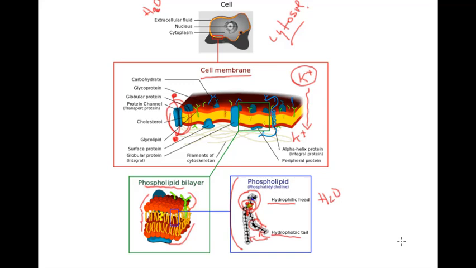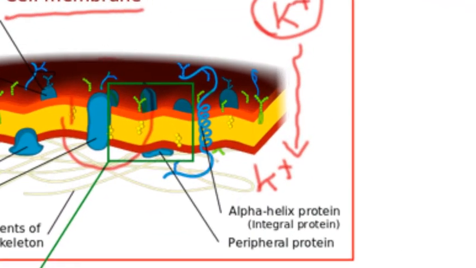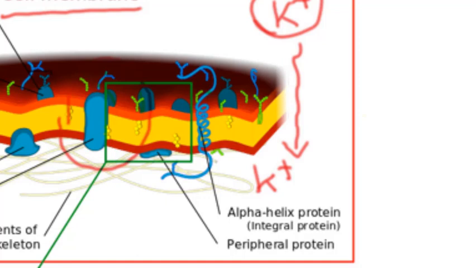Some of them are just embedded through and through that membrane here, and we can see this very well here. And sometimes some of those proteins will adopt a very specific structure in order to be able to go through that membrane. So what we see here, if we look right here, I just don't have the right color, so let me just circle this again.